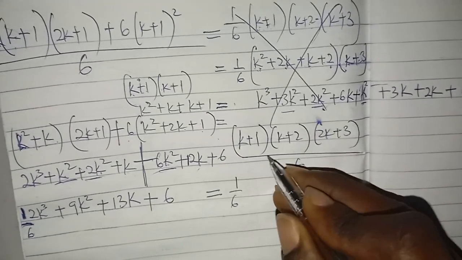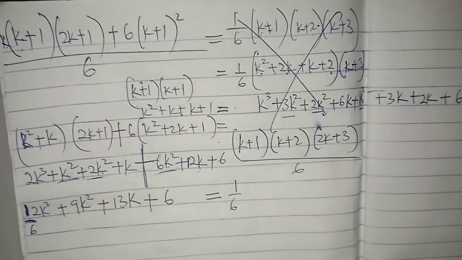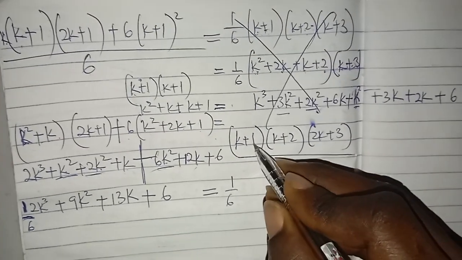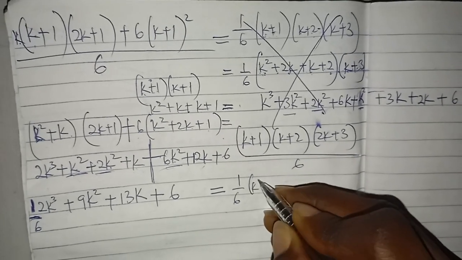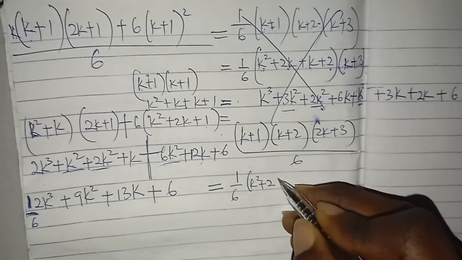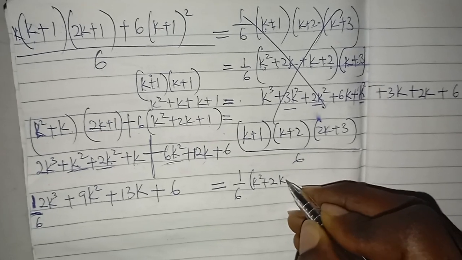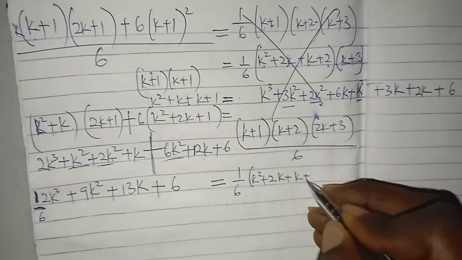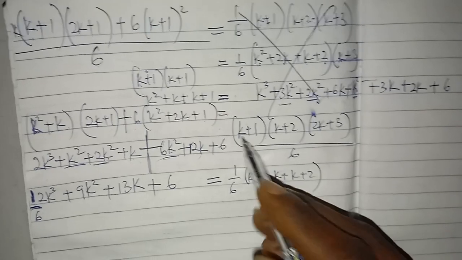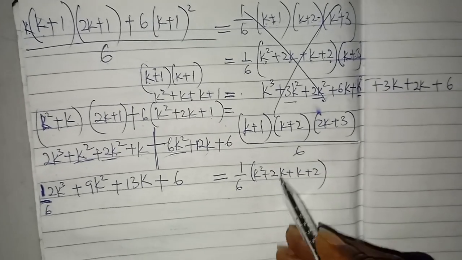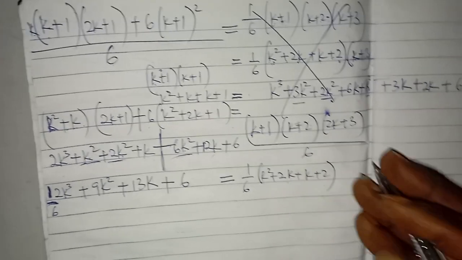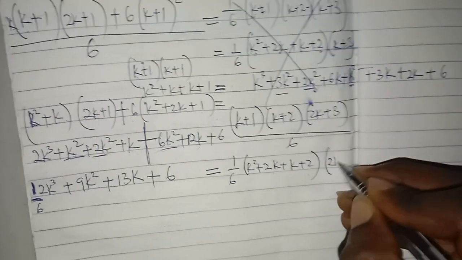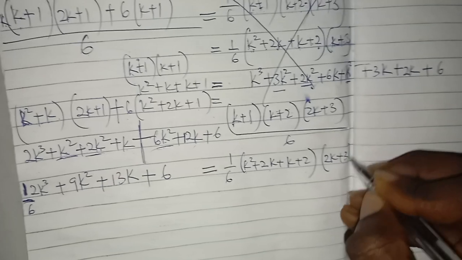So let's go. k times k plus 1 times k plus 2 is going to give me k squared plus 2k plus k plus 2. Should be k squared, 2k, k, 2. So we'll bring down 2k plus 3.